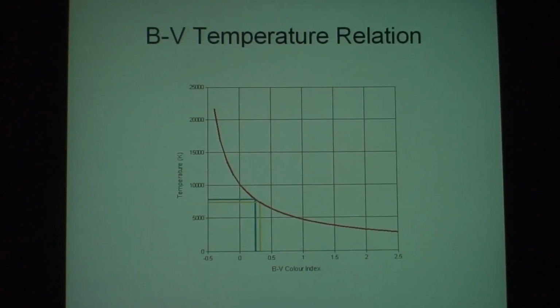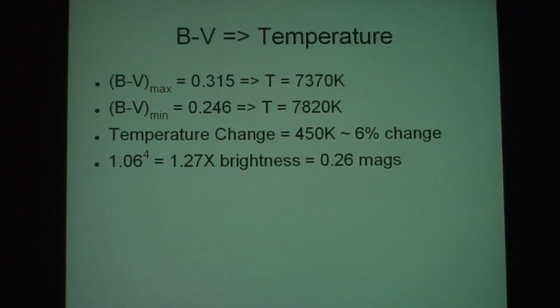So if we go back to our B minus V to temperature relationship and read up from those two colors, we get the two temperatures of the star when it's at its brightest and when it's at its faintest. And what we find is that it's about 7,370 degrees when it's cool, 7,820 degrees when it's hot, about 450 degree change, or about a 6% change.